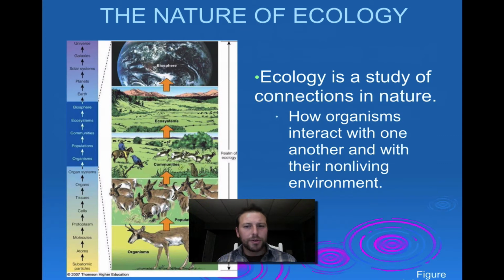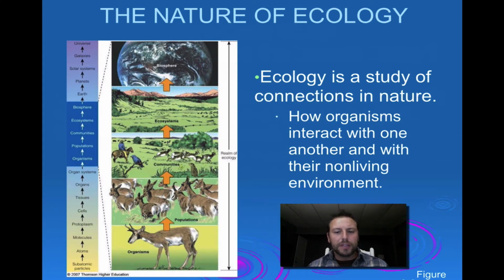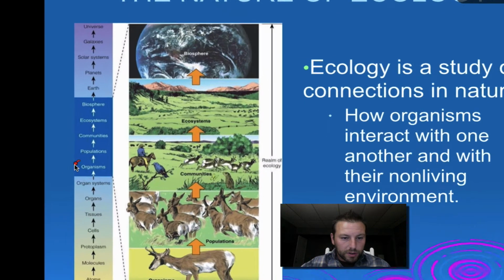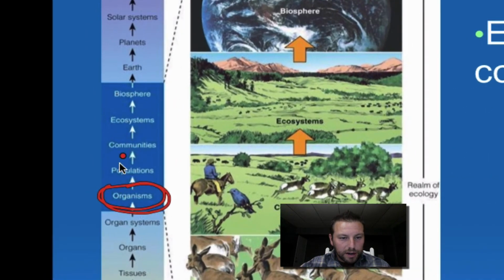Which brings us to ecology and looking at the interactions of living organisms with each other and the non-living environment. But we need to look a little bit more closely into the region that we're more concerned with in this class. We look at the organism level right here, the populations, communities, ecosystems, and then ultimately the biosphere.